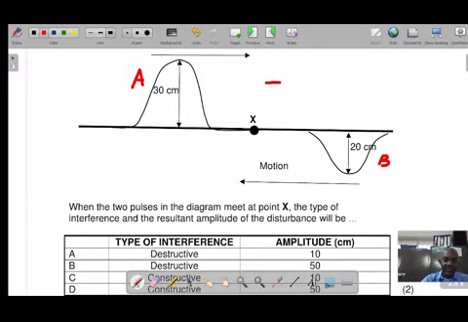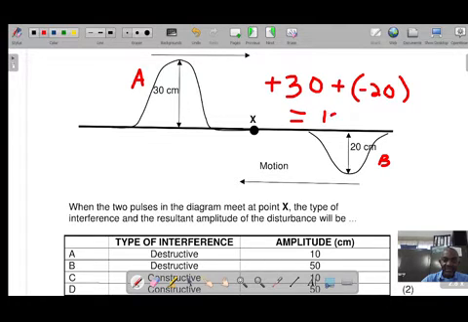So positive 30, and then plus, the one which is downwards is always taken to be negative, so plus negative 20. So which answer do I get? Talk to me, guys. If I say positive 30 plus negative 20, I get positive 10.